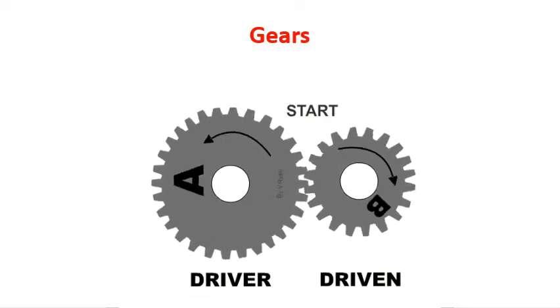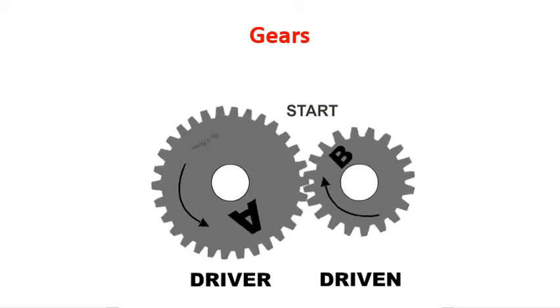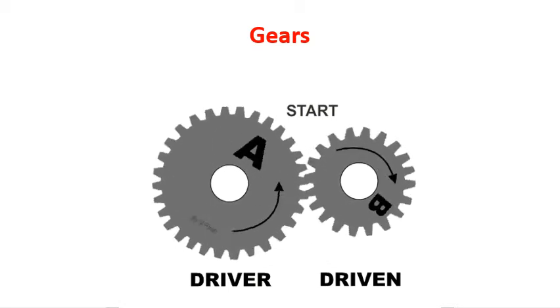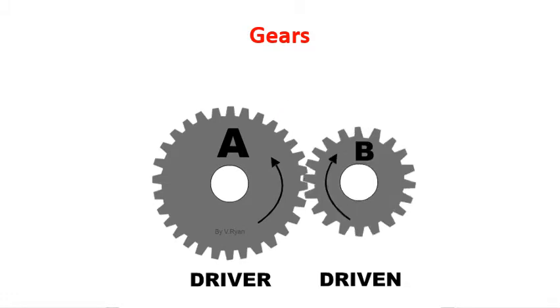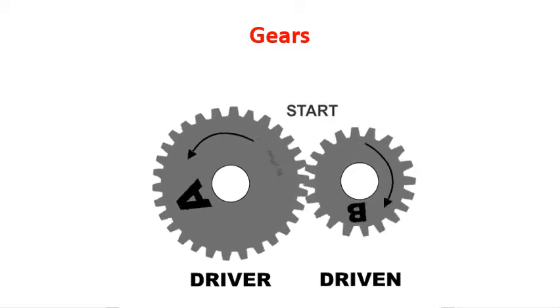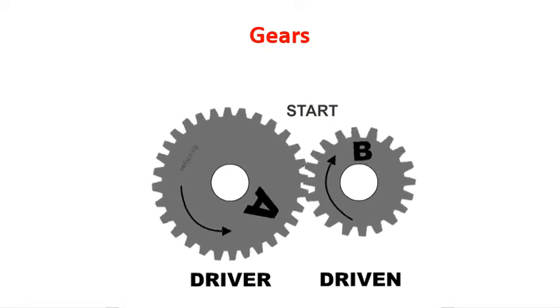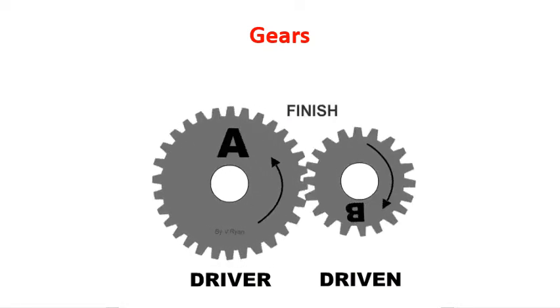So gears. What do you mean by gear or gear drive? In our daily life or in practical application, we have seen the application of gears, right? This gear drive is a positive drive. What do you mean by positive drive? Positive drive is nothing but having the physical contact between the driver and the driven.